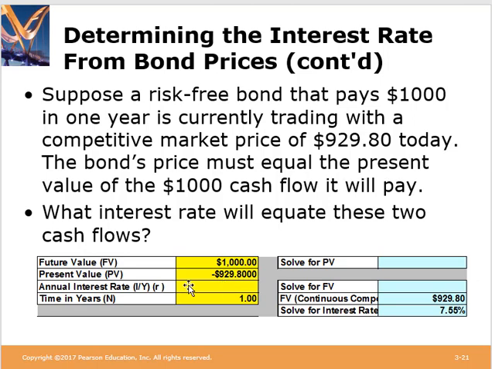In the time value model, again, remember all cash outflows have to be designated as a negative number. So we have $929.80. The future value is $1,000. And again, if we assume this is a risk-free bond, what we're saying is that the risk-free interest rate must be 7.55%.